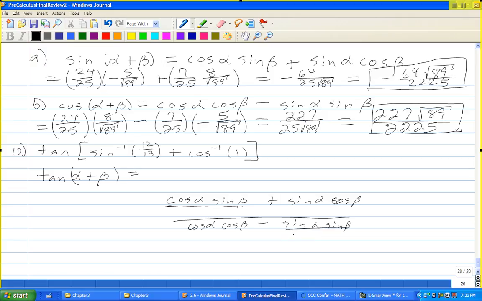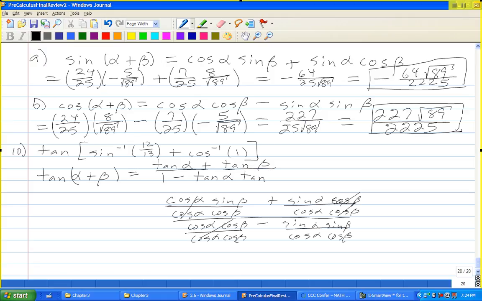So divide by cosine alpha cosine beta. Okay, so this is equal to tangent alpha plus tangent beta over 1 minus tangent alpha tangent beta.